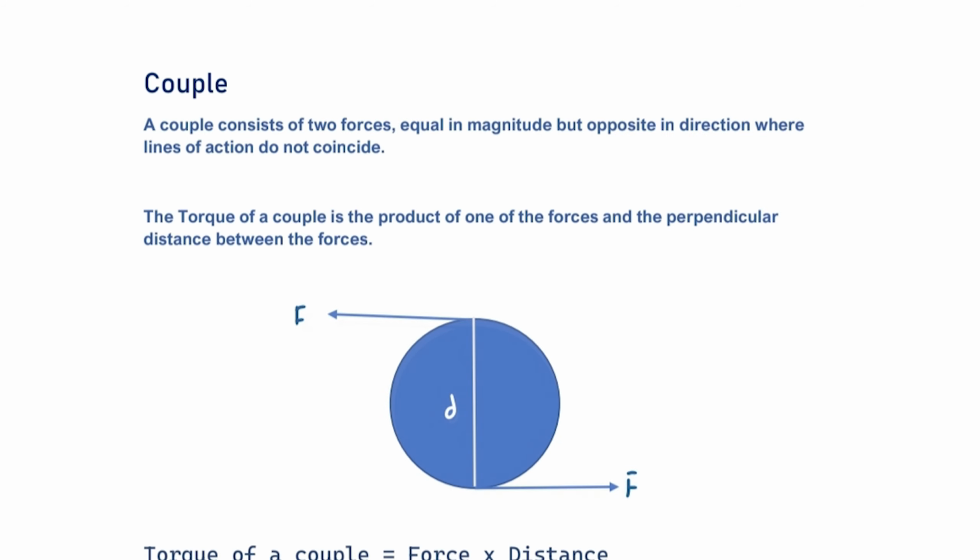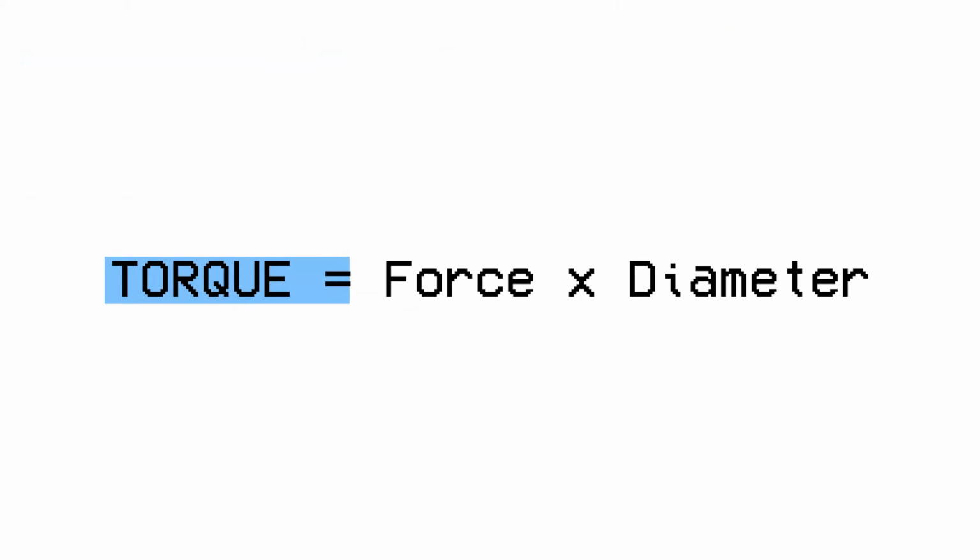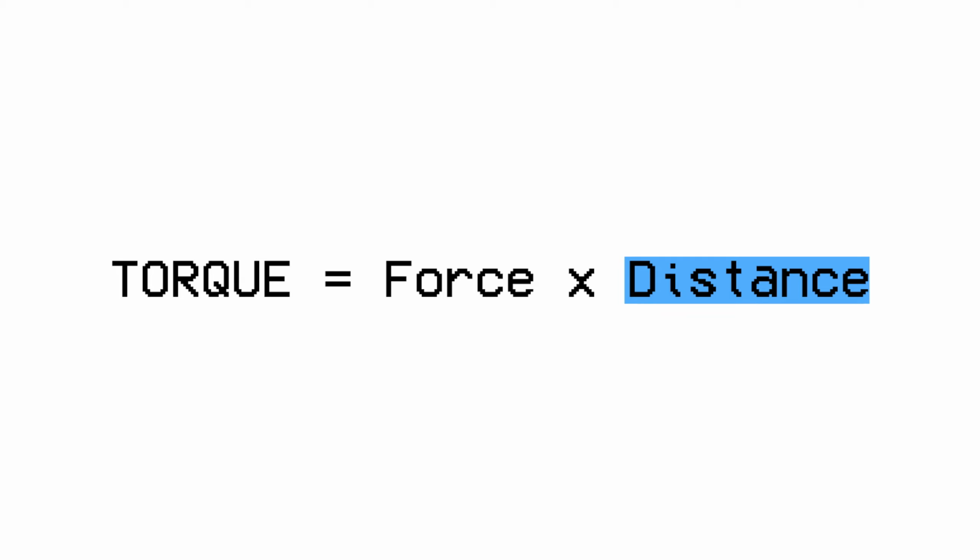From this, we can derive that the torque of a couple is the product of one of the forces and the perpendicular distance between the forces, giving it a formula of torque of a couple is equal to force multiplied by distance.